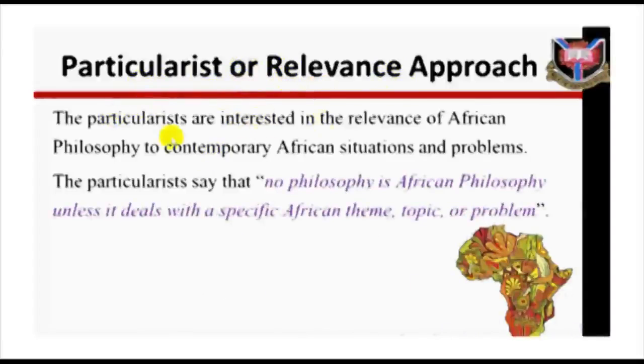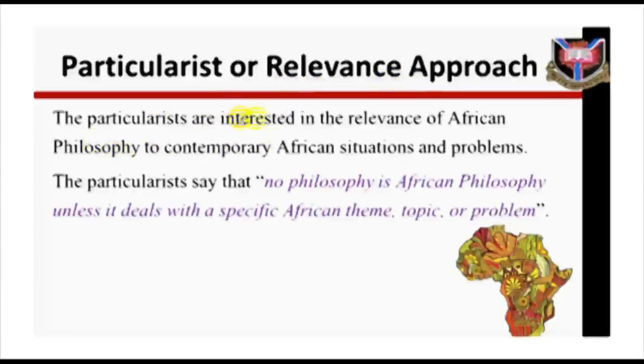Now, within the professional fold, we can identify two different groups, and the two groups can be classified along their preferred approaches to African philosophy. They are the particularist and universalist groups. Let us first discuss the particularist group and then follow it up with the universalist.